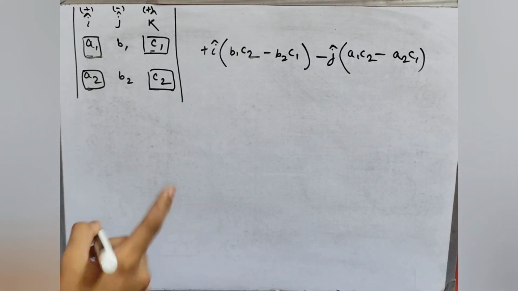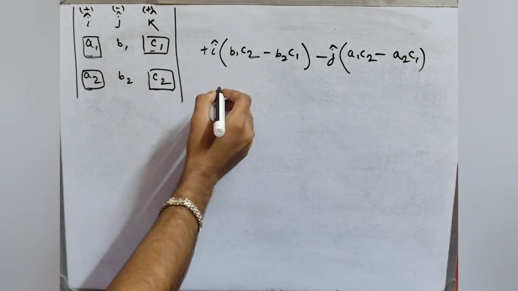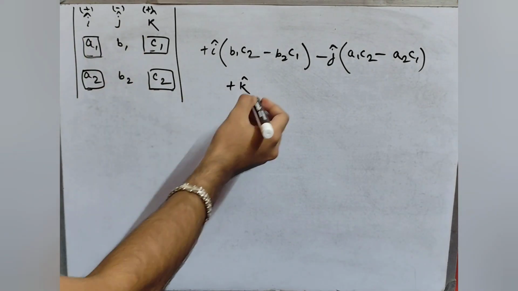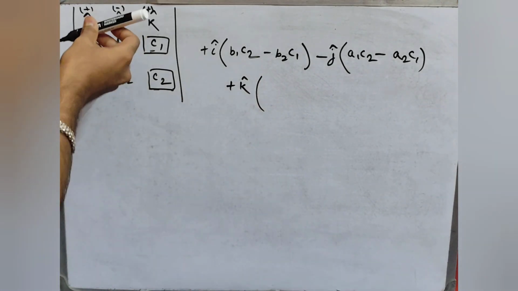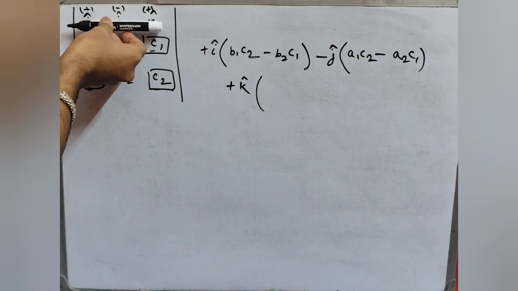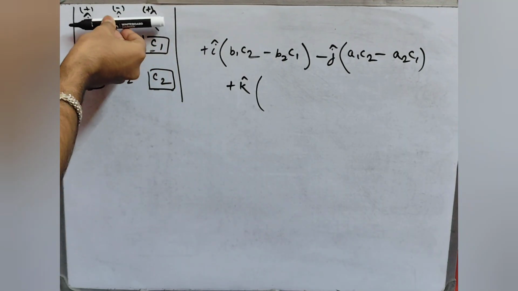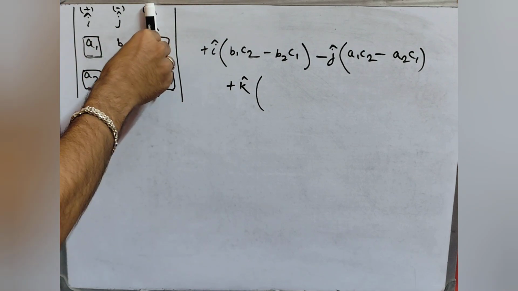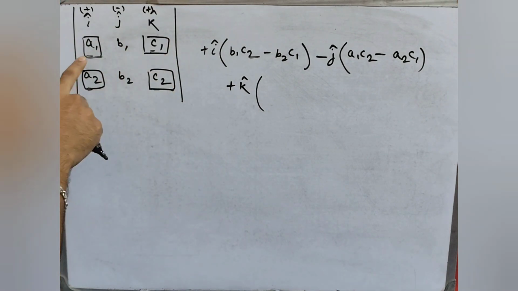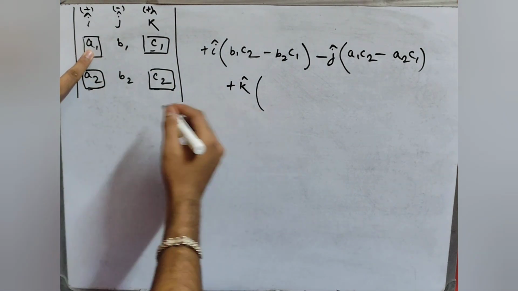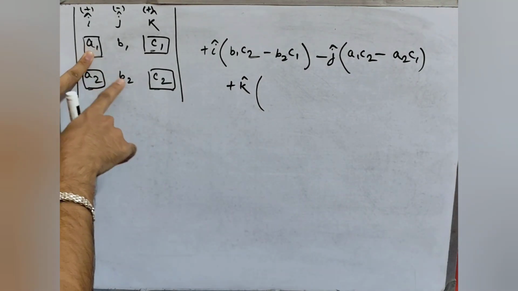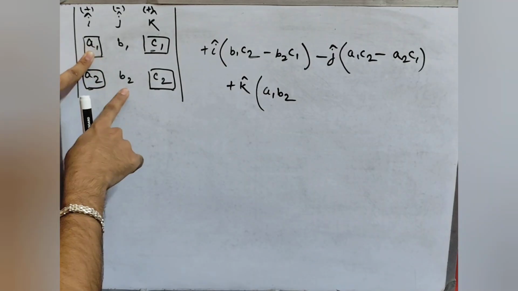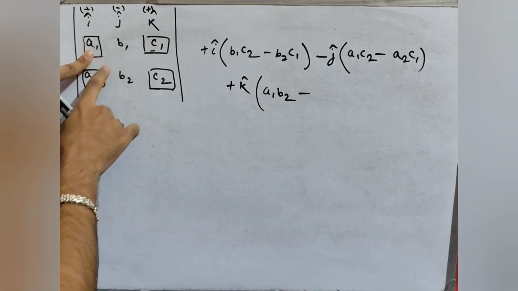And at last plus k cap. In this case you should consider that this row and this column are absent. So the remainings are A1 into B2 minus A2 into B1.